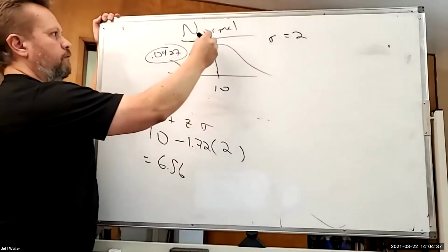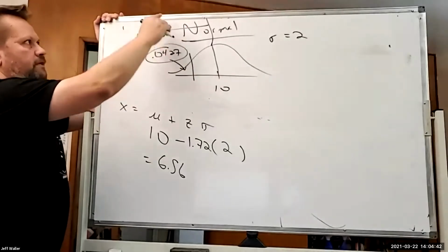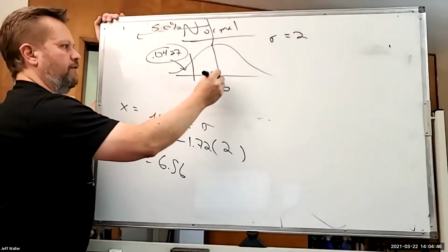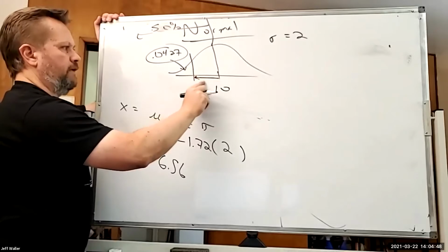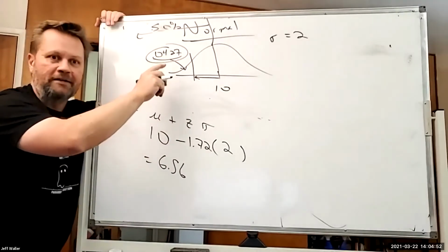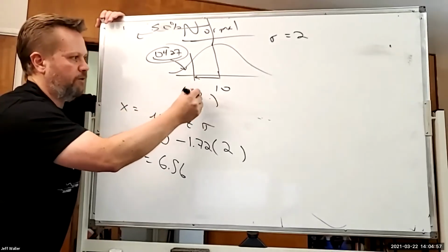So why does it make sense that this area converts into a z-score? Because again, what's below 10? 50%, right? The mean cuts it in half. So that's 50% below there. So I have to go down so many steps until there's less than 5%, right? How many steps do I have to go down? Well, we figure out it's actually negative 1.72 steps.